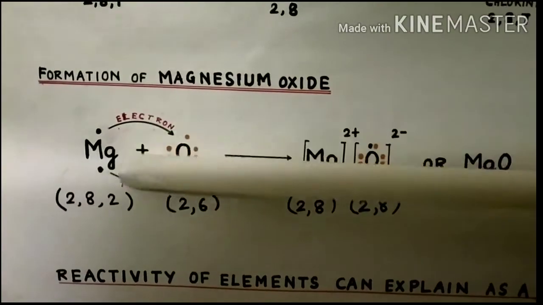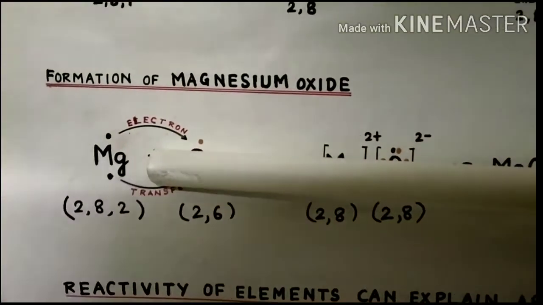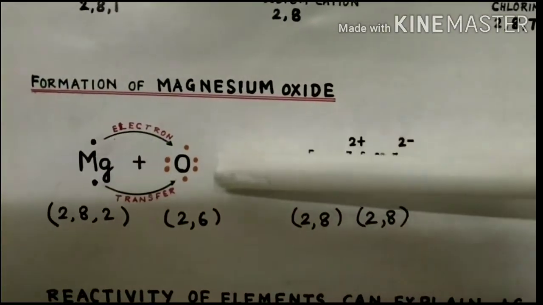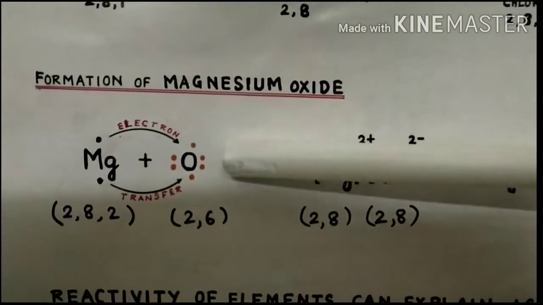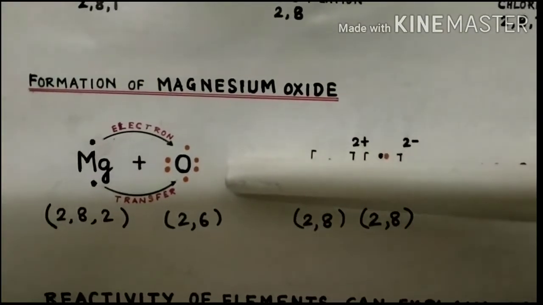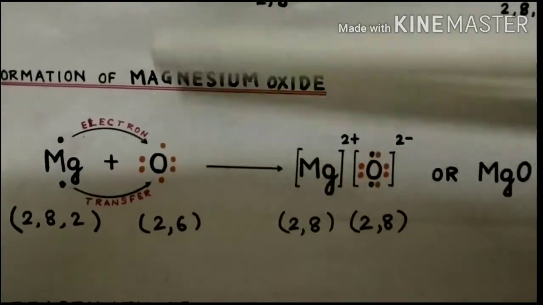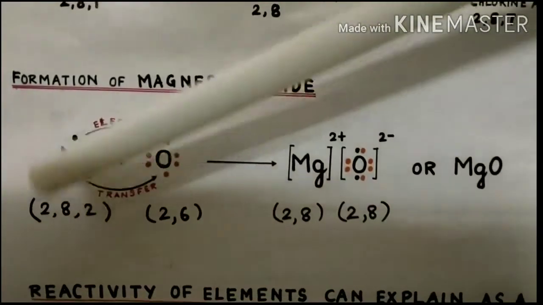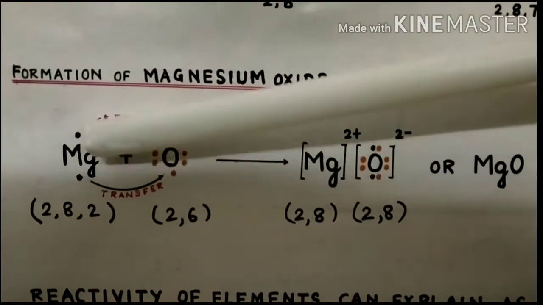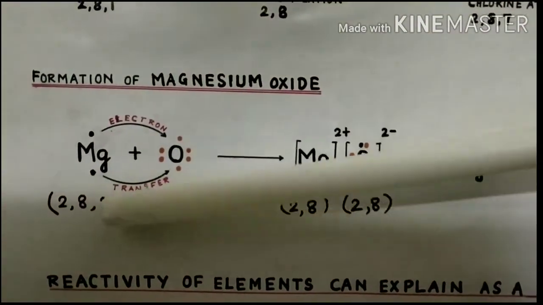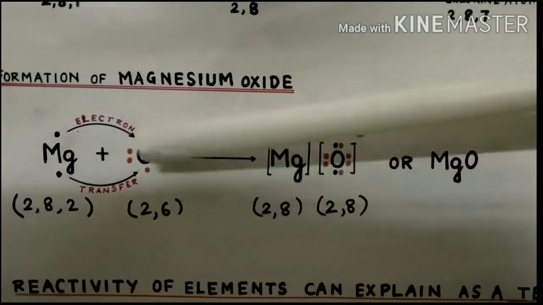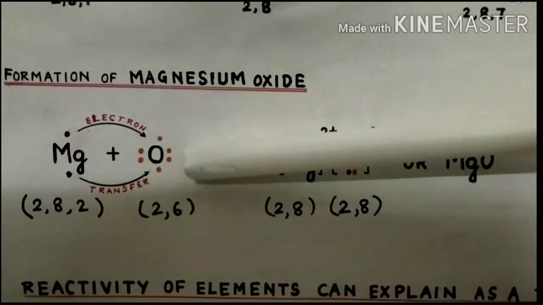Now see here, these 2 electrons are the valence shell electrons of magnesium. The 6 electrons, 1, 2, 3, 4, 5, 6, are the valence shell electrons of the oxygen atom. 2 electrons of magnesium transfer from magnesium to oxygen.